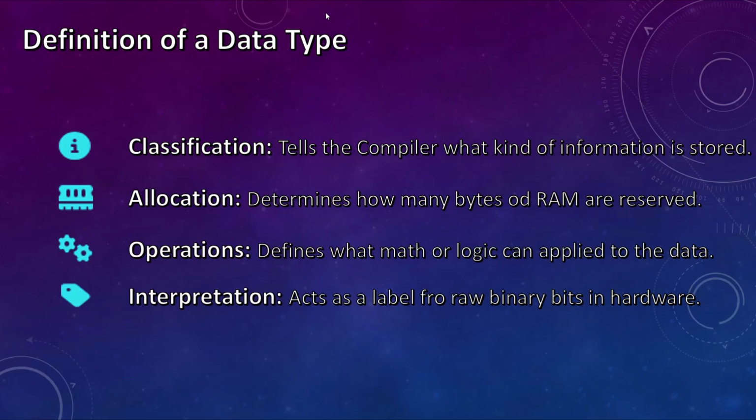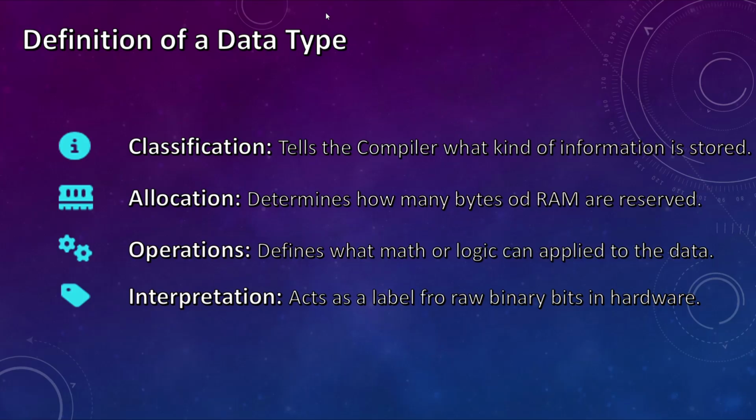So, let's get back. A data type is a simple way of telling the compiler what kind of data we want to store. It answers three important questions. What type of information is being stored? How much memory should we allocate?